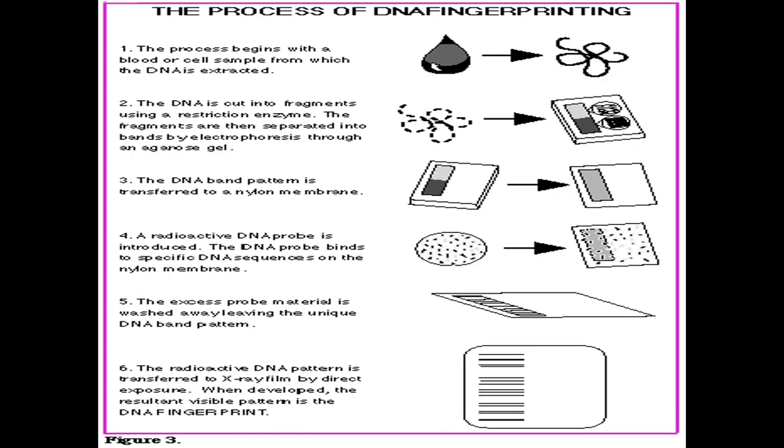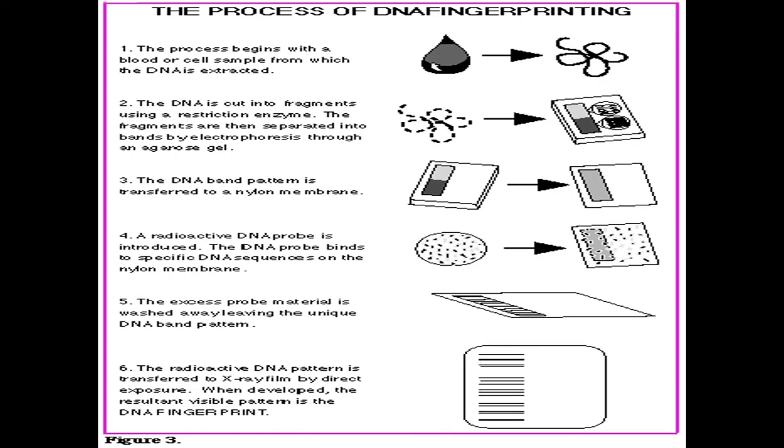Then the DNA is cut into fragments using a restriction enzyme. The fragments are then separated into bands by electrophoresis through an agarose gel. Number 3, the DNA band pattern is transferred to a nylon membrane.